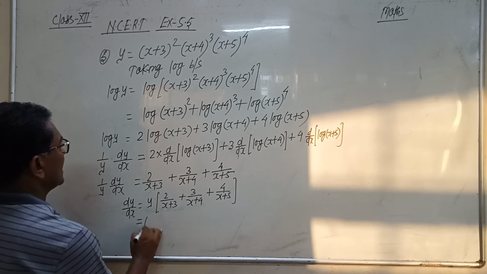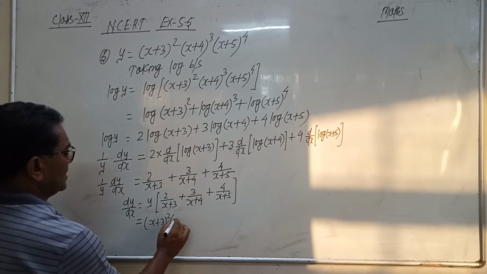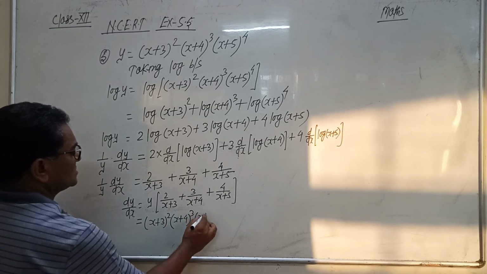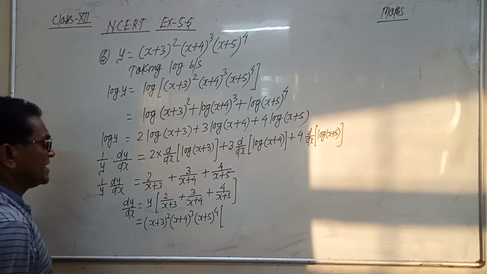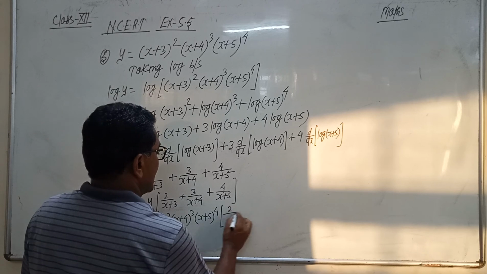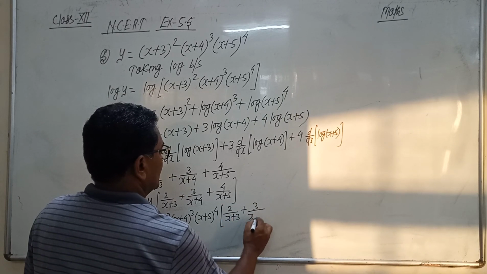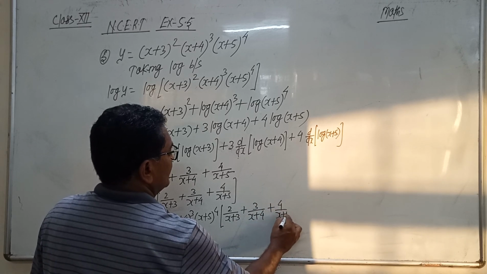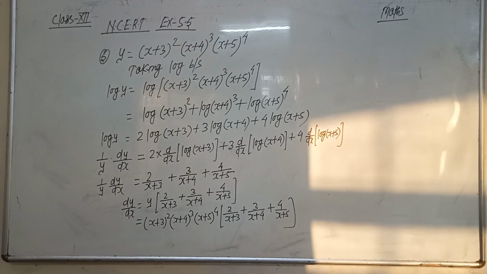The value of y is (x plus 3) the whole square, (x plus 4) the whole cube, (x plus 5) the whole 4, and this will be written as it is, 2 by (x plus 3) plus 3 upon (x plus 4) plus 4 upon (x plus 5). So this is the final result, dy by dx.